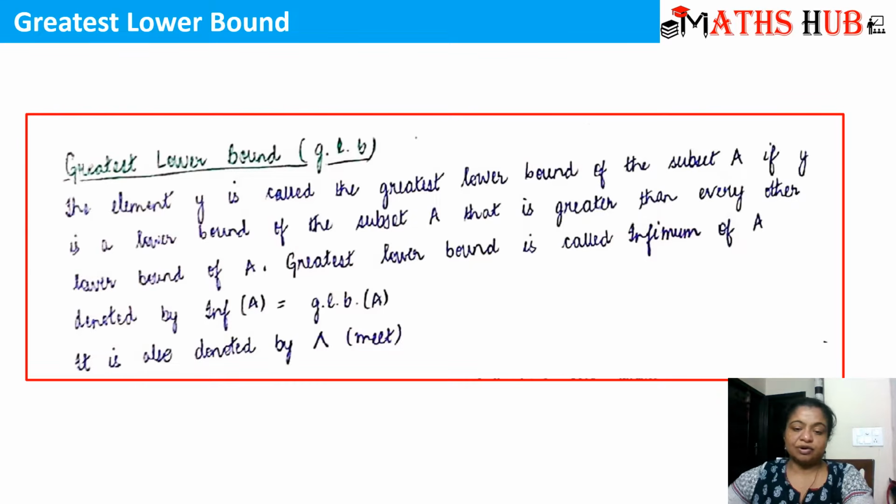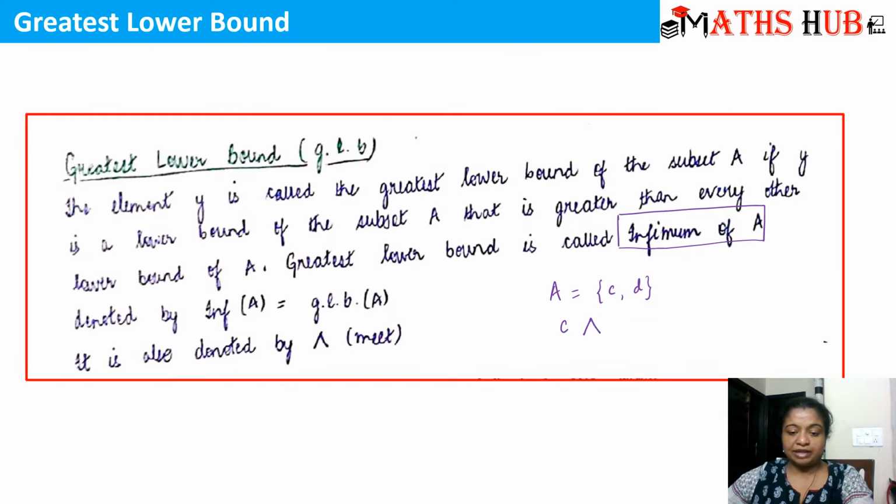So a greatest lower bound is also called the infimum of A. So you should be aware of these terms. So greatest lower bound is also called the infimum of A. And how do we denote the greatest lower bound? We write inf A is equal to GLB. So again, suppose that A contains the two elements c and d, and I have to calculate the greatest lower bound between these two elements.